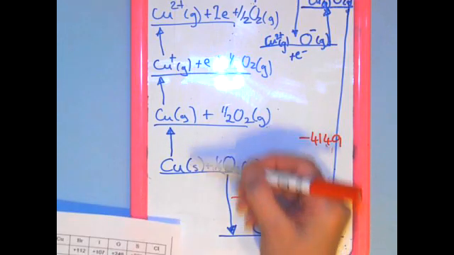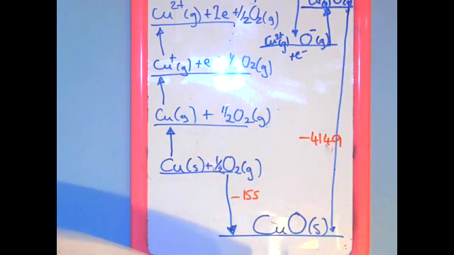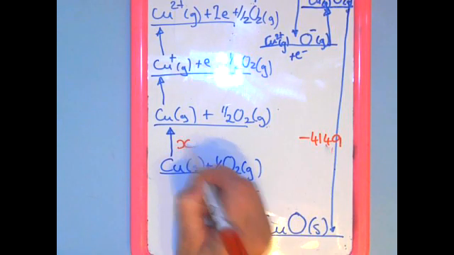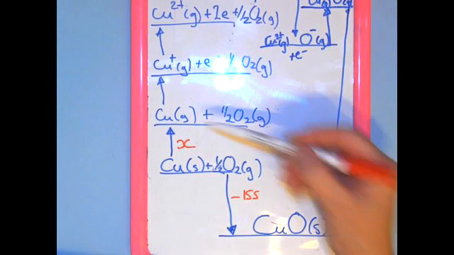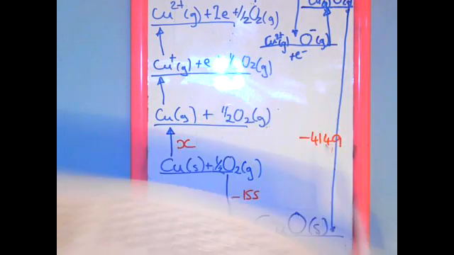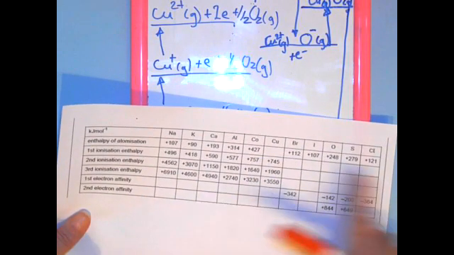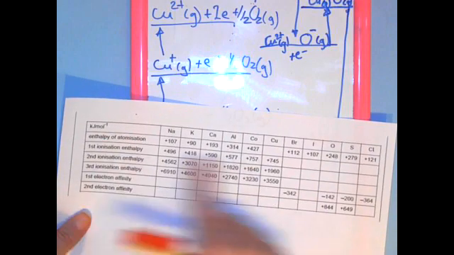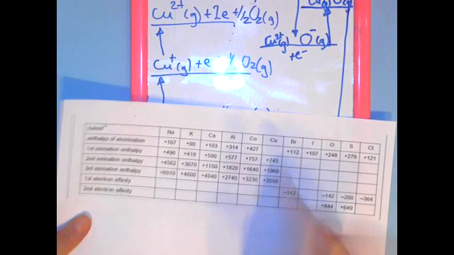So what was the atomization for copper? Was that what it was asking us to do? Yes, it was. So let's put an X on there. Here we've got the first ionization enthalpy of copper. So first ionization enthalpy plus 745.